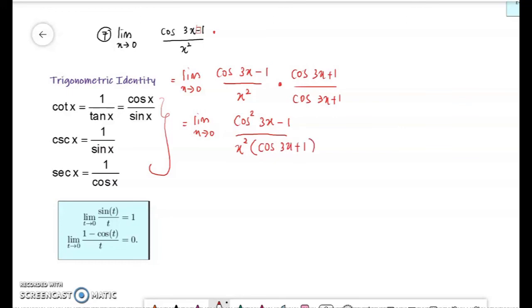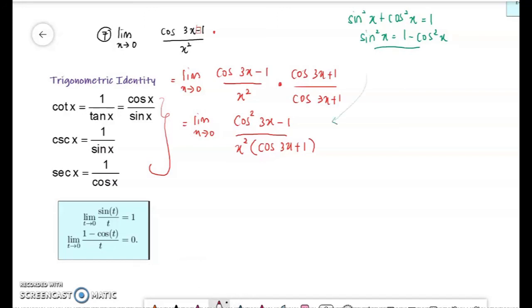Then we use the trigonometric identity, which is sine square x plus cos square x equals 1. So we can apply this identity to this limit.